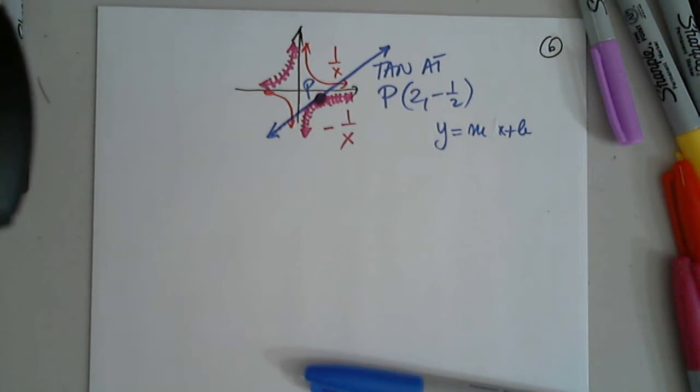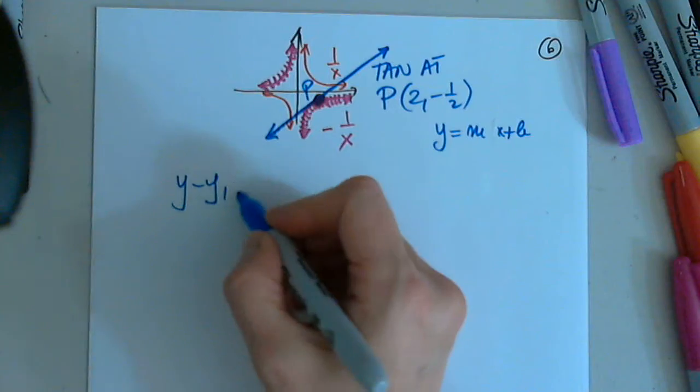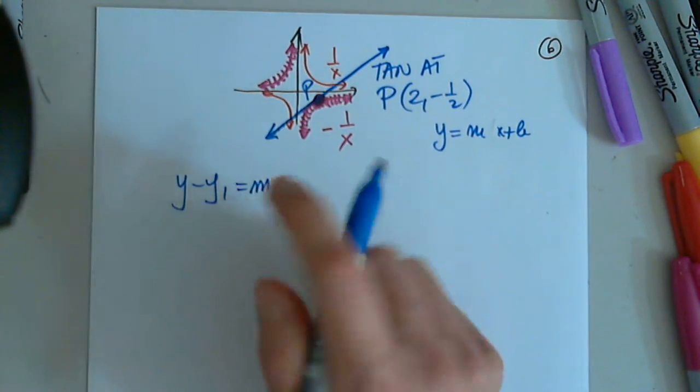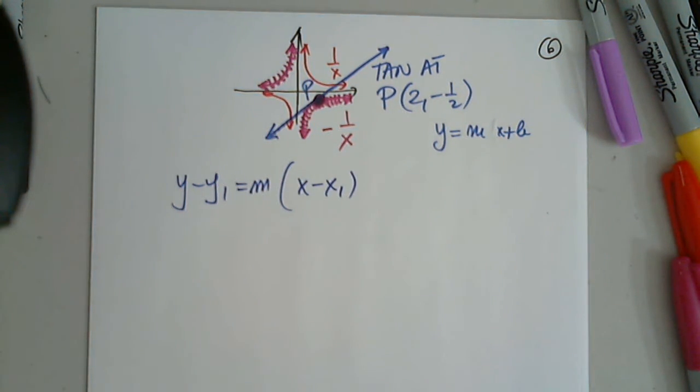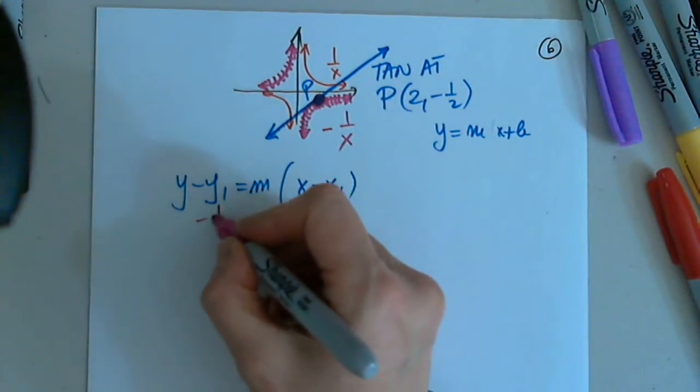I need point slope form. Is it y minus y1? Very good. x minus x1 in parentheses. Good. Perfect. I'm happy I have a point. No big deal. This is 2 and this is -1/2.